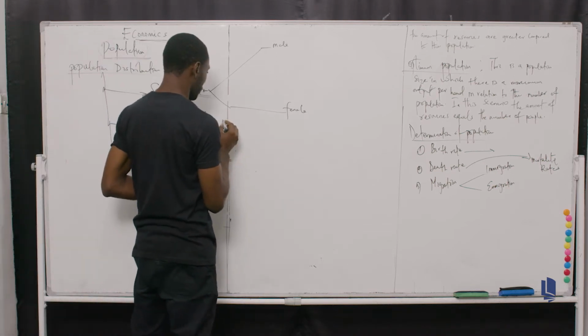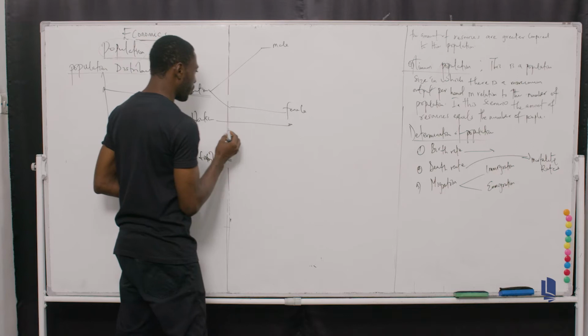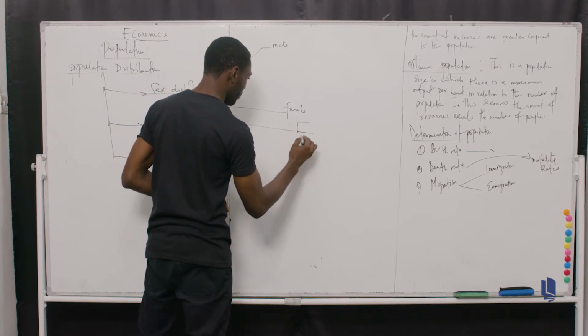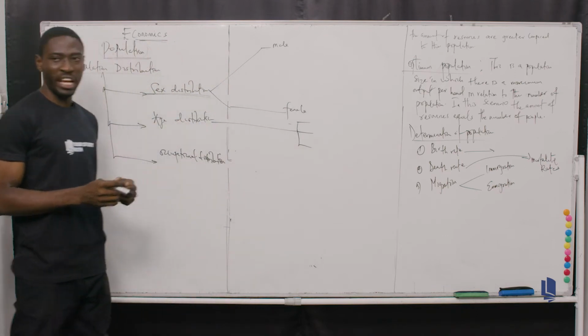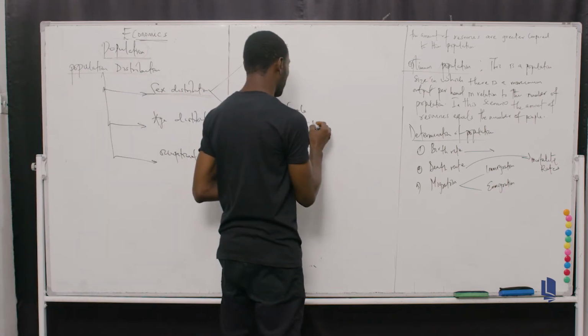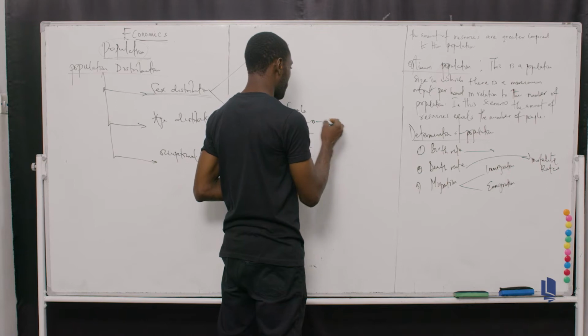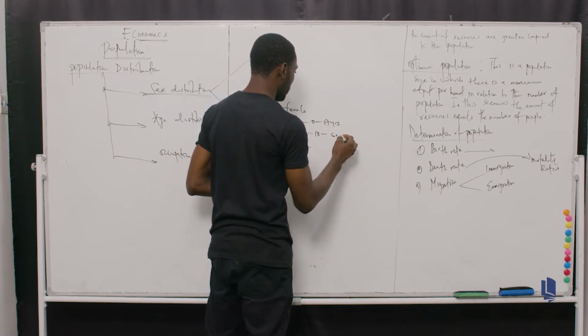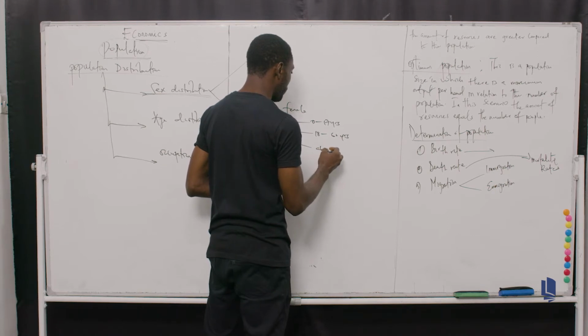Then let's move on to age. For age distribution, we have three important components. Number one, 0 to 17 years. Then 18 to 60 years. Then above 60 years.